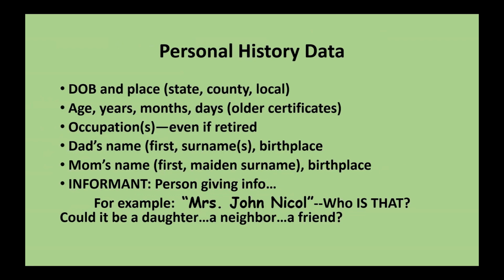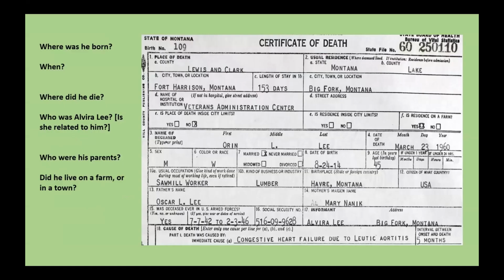So who was this Mrs. John Nickel? I had to do significant work to find out that yes, it was her daughter, who had just gotten married the previous week and was into using her new husband's name, not her own. But it could be a daughter. Is it a neighbor, a friend, the fan club that we talk so much about?